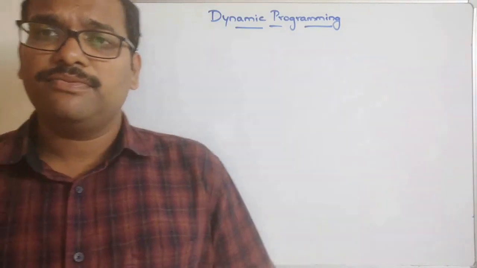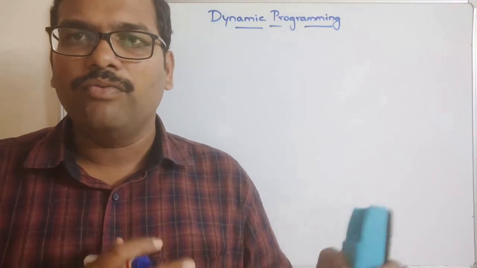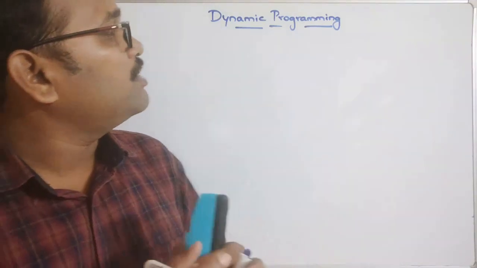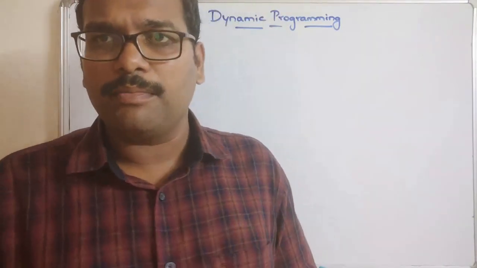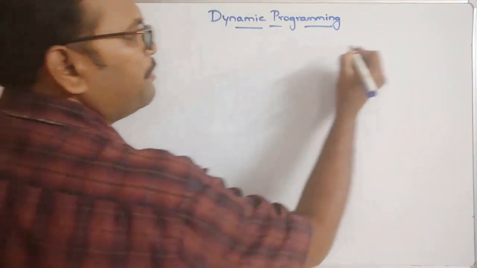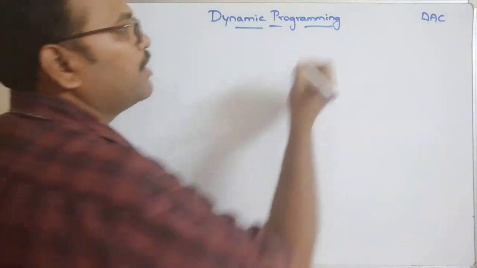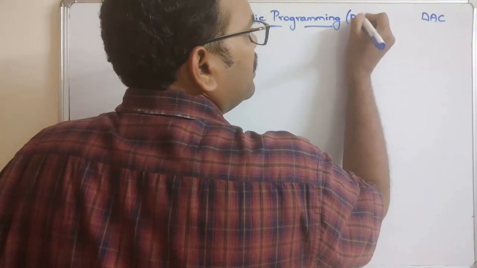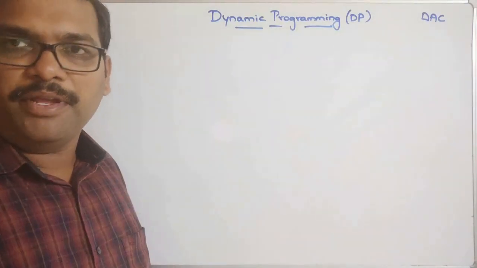In our previous sessions we have seen the greedy method and divide and conquer, and now we're moving on with the next concept, that is dynamic programming. This is similar to our divide and conquer method. Usually divide and conquer is represented as DAC, and this is represented as DP, which is abbreviated from dynamic programming.